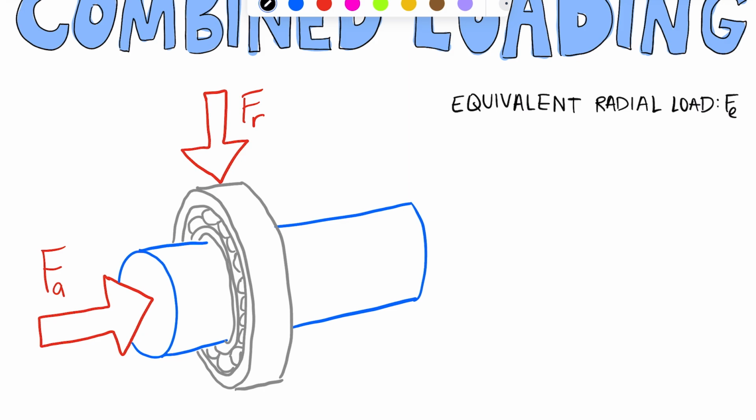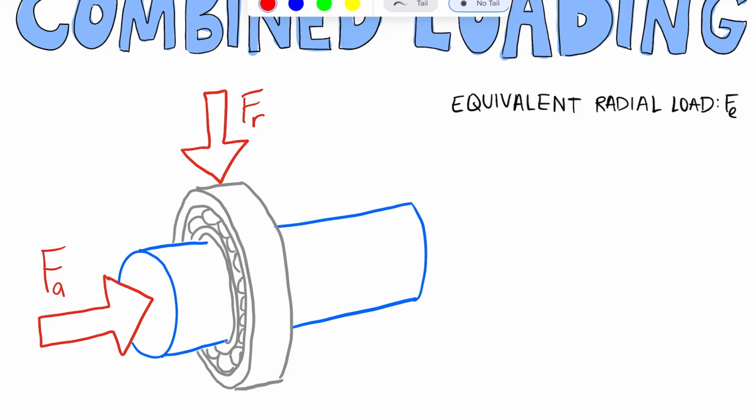And it is going to depend, of course, on the magnitude of our axial load, and it's also going to depend on whether we have the inner or the outer ring rotating. So to think about this, first consider that we could have a scenario where this outer ring of the bearing is fixed and the inner ring is the one that's rotating.